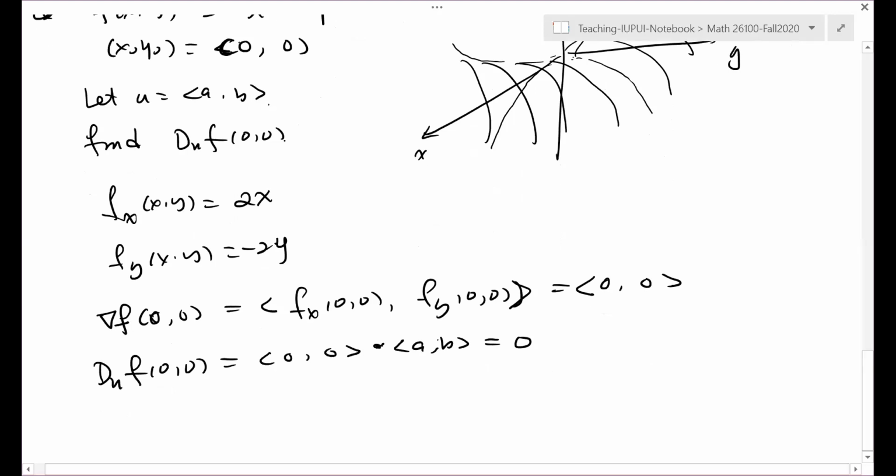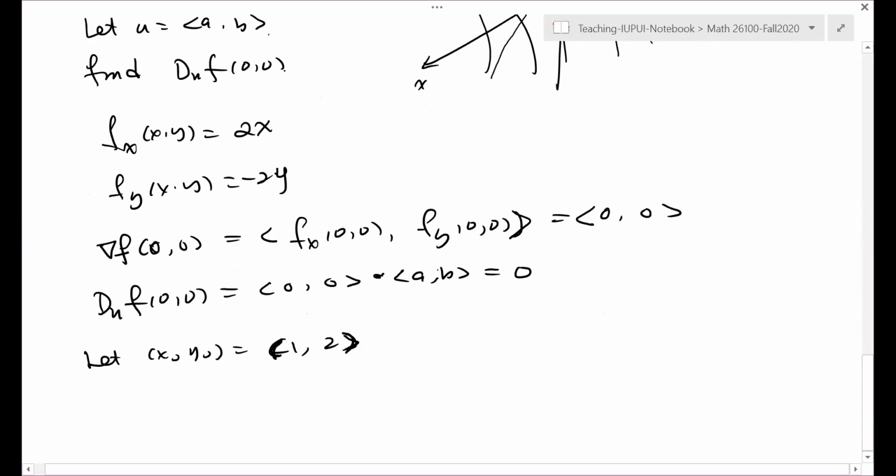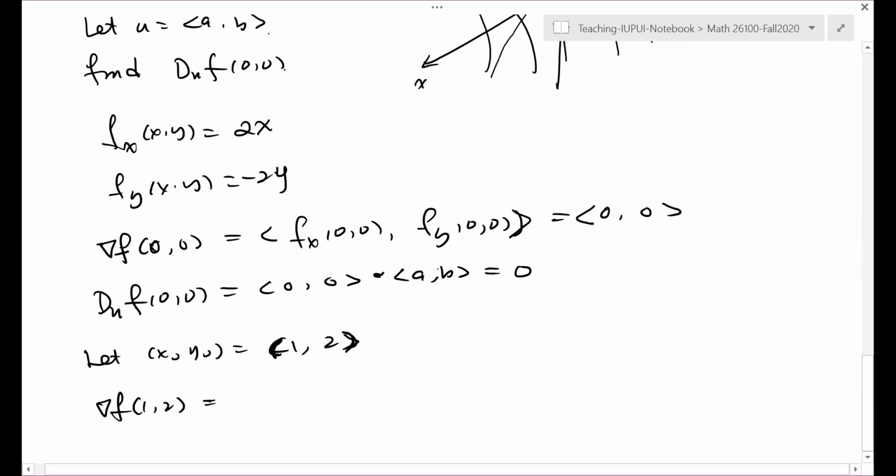But if you choose another point, say (1, 2), then the gradient of the function at the point is going to be, when x equals 1, that's 2, and when y equals 2, that will be negative 4.